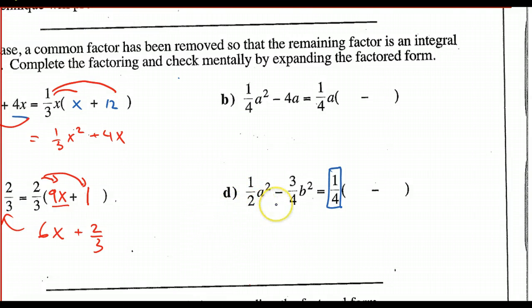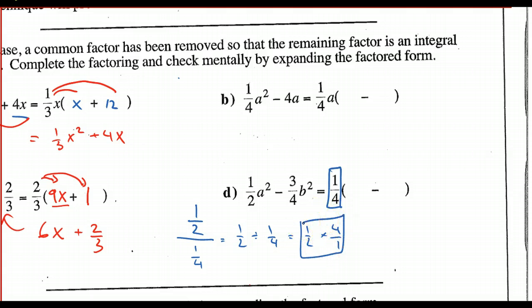Remember, when you're factoring, you're really dividing out your common factor. So 1/2 divided by 1/4 is really 1/2 times 4/1. So that's what I mean by multiplying by the reciprocal to get the answer. So it's going to be 2 as the answer over here, so it's going to be 2a squared.